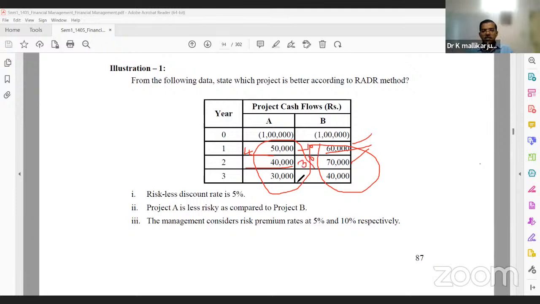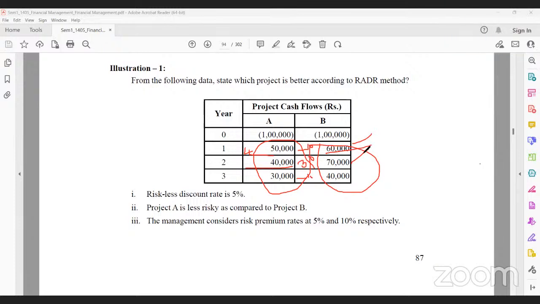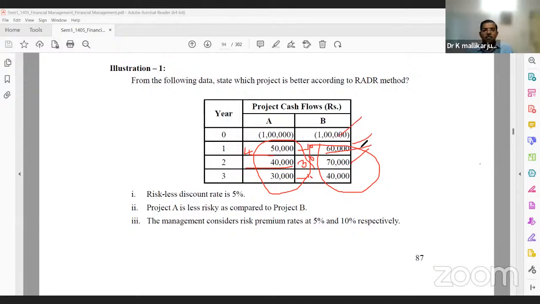So project B is receiving early cash flows, and project A is receiving them very late. Even the total is 1,70,000 for one and 1,20,000 for the other. So project A is less risky than project B.